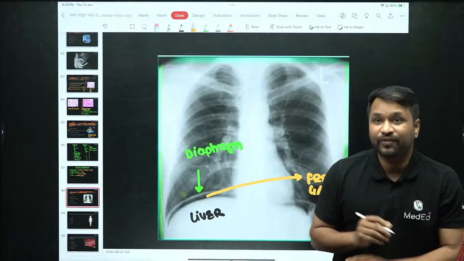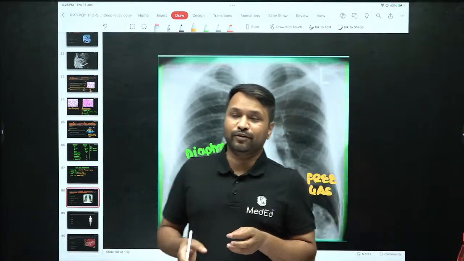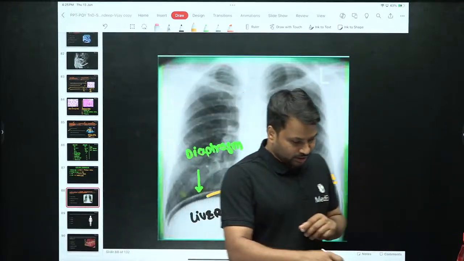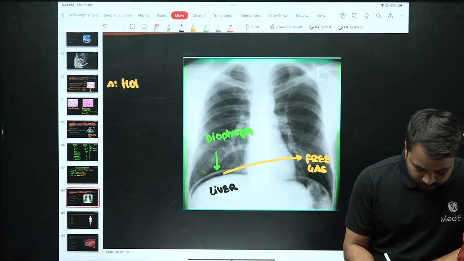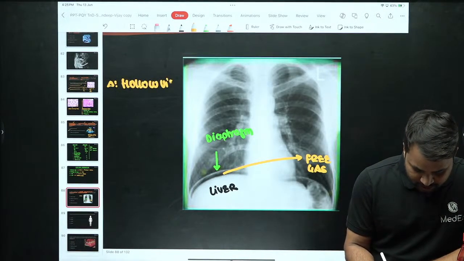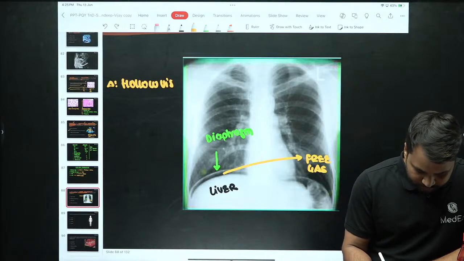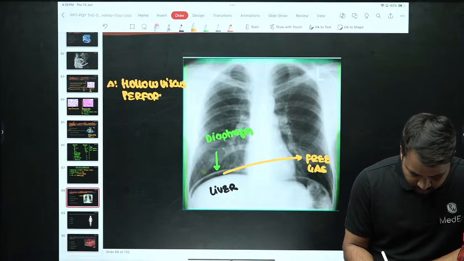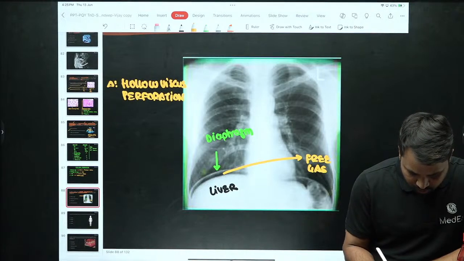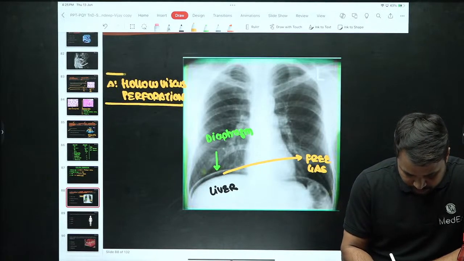So when you talk about the free gas under the right hemidiaphragm, it prompts the diagnosis of hollow viscus perforation. It is your hollow viscus perforation.